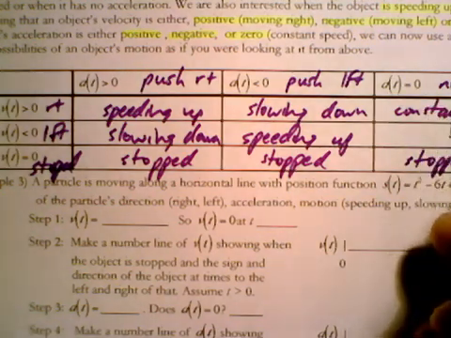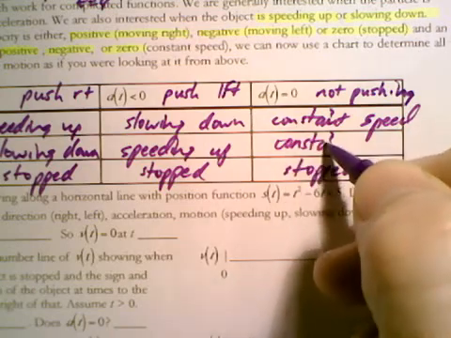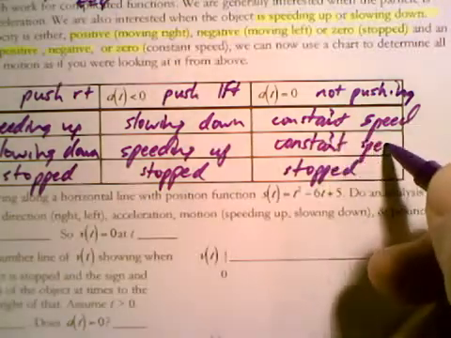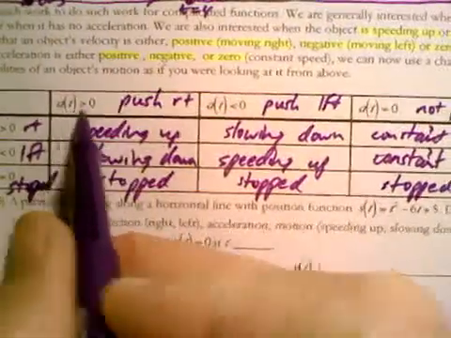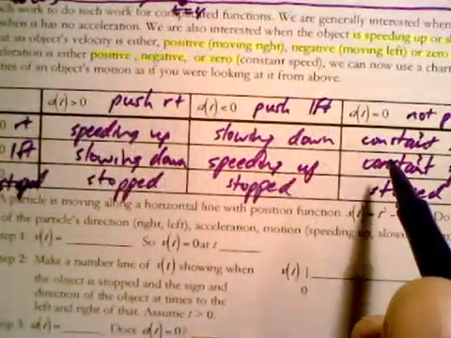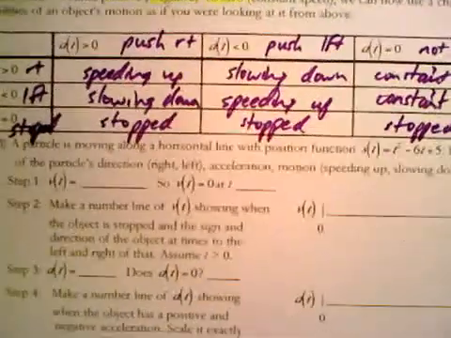I bet that's what he meant. Constant speed if you're not accelerating. Positive acceleration means you're pushing to the right. Enough said there.